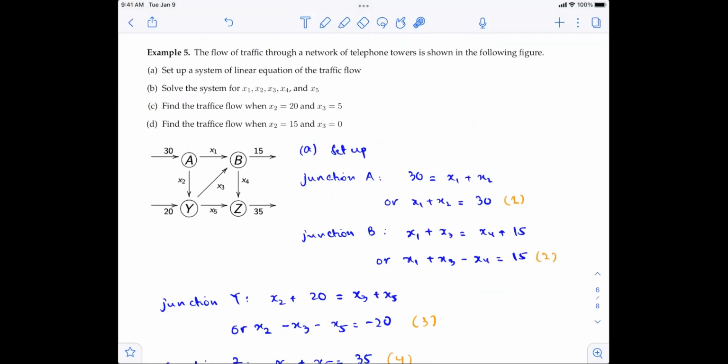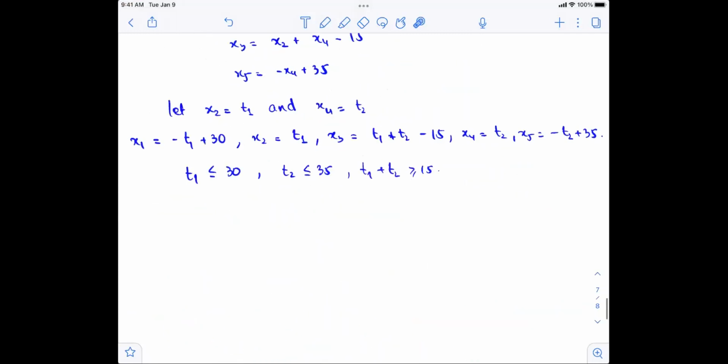So what we do is we're going to come up with another setup for the free variables. In this case, we're going to choose x2 and x3 as free variables instead of x2 and x4.